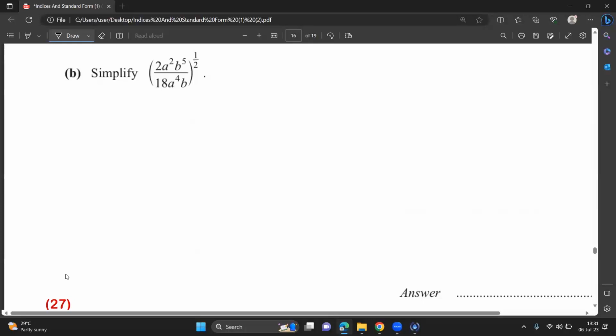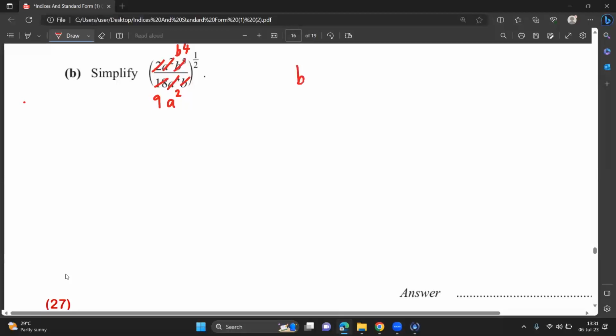Okay, in this case, is your power negative or positive already? Should you reciprocate? Should you simplify within the brackets? Yes. So first let's simplify 2 and 18. That will become 1 and 9. Yes or no? A squared and a to the power 4 becomes a to the power 2 squared. B to the power 5 and b becomes b to the power 4.